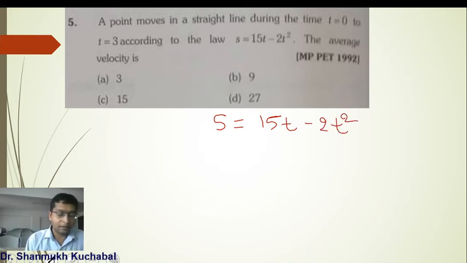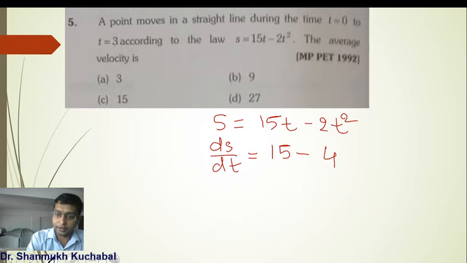It is given. Now we have to differentiate this one. So ds by dt, with respect to time we have to differentiate. So I am finding the velocity. So here, differentiation is 15 minus, 2t square differentiation is 4t.